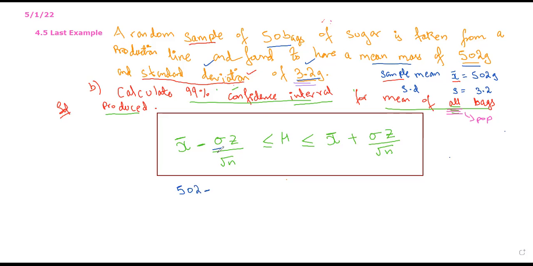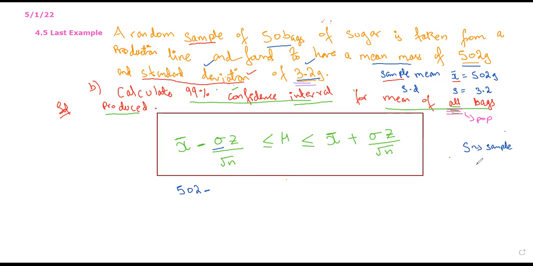Is it the population standard deviation, population variance, sample variance, or what? S is the sample standard deviation. Very good. So S is for the sample, the standard deviation of the sample.